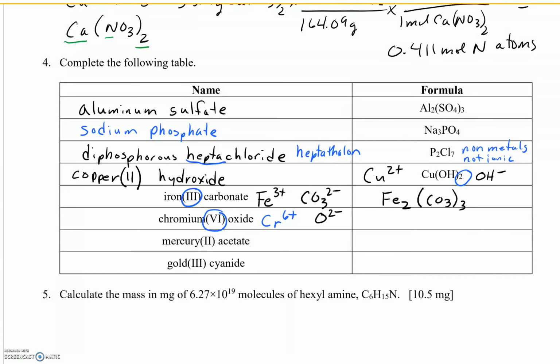We don't need to worry about a lowest common multiple for each element. We can see that that's going to be 6. So this compound's formula is going to be CrO3. So there's 1 chromium at +6 and 3 oxygens at -2 to make the +6 and -6 needed to be 0 for the total charge of the compound.